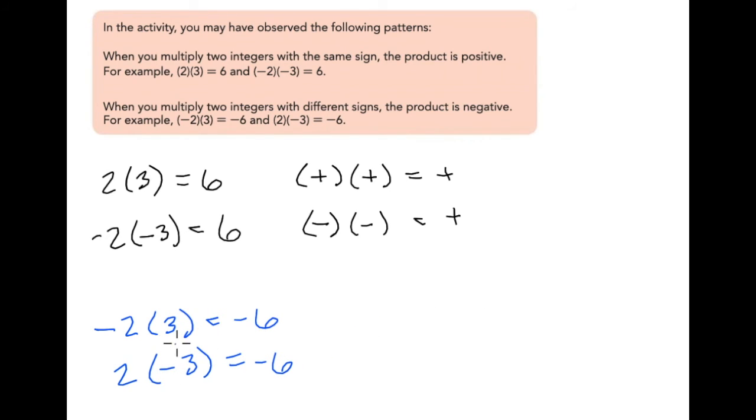So when you multiply with different signs, the answer will be negative. If you multiply 2 integers with the same signs, you will have a positive answer. If you multiply 2 integers with different signs, you will have a negative answer. So a negative times a positive gives you a negative, and a positive times a negative gives you a negative.